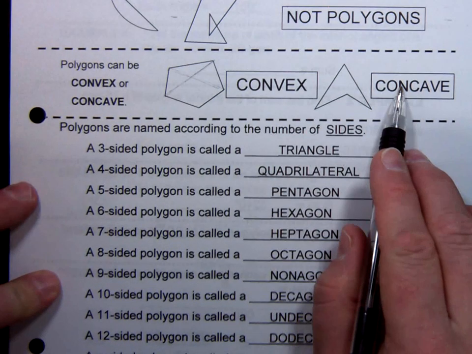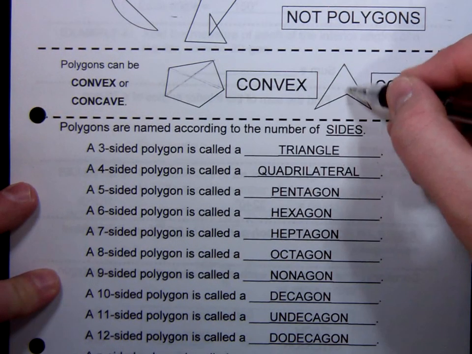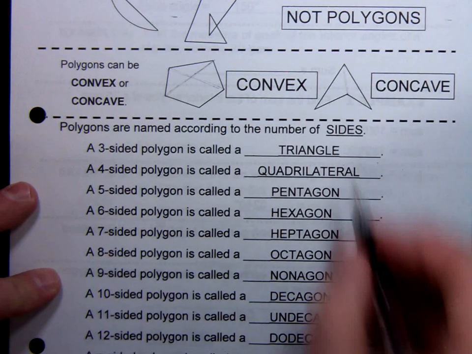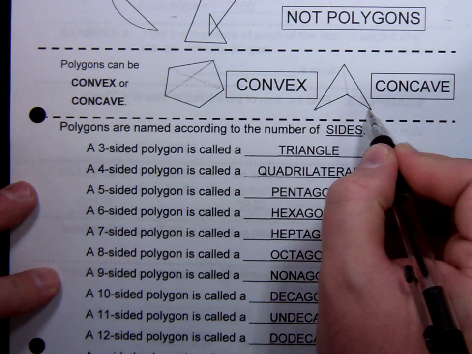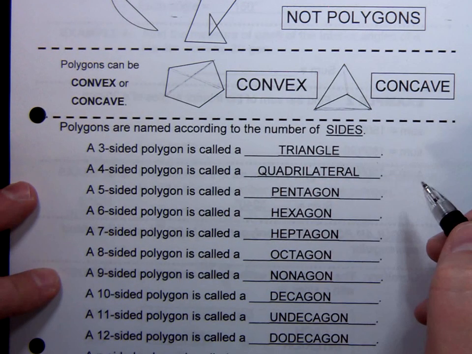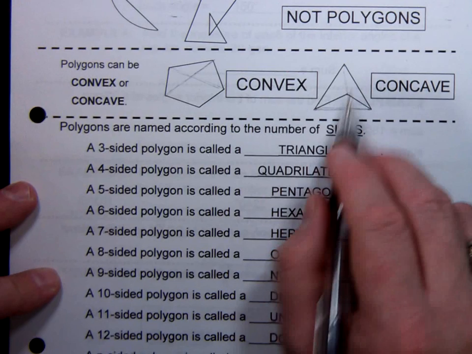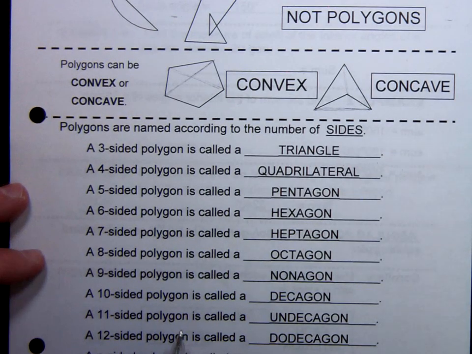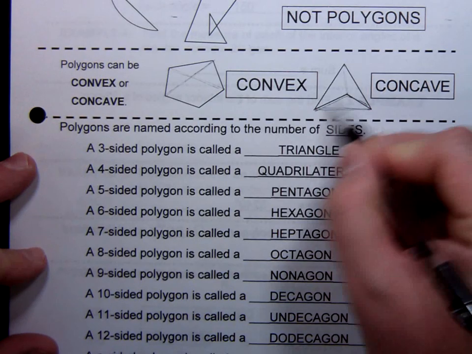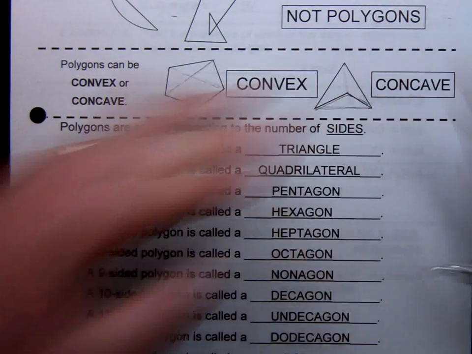When it's concave, while some of them, when connected, will go through the interior of the figure, there will be at least one place where if you connect two vertices together, that line segment would be on the exterior of the figure. So that makes this one concave. A less formal way of talking about it is it looks like some of the sides have caved in on the figure.